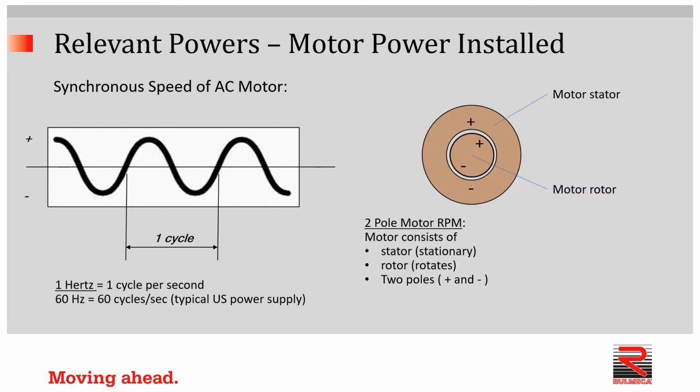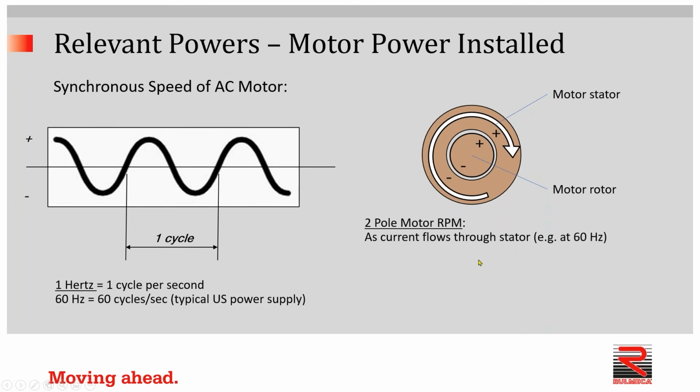Let's look at the components of a typical three-phase AC squirrel cage induction motor. We have the stator, as you can see here, and we have the motor rotor, as you can see here. This is an example of a 2-pole motor in which we have positive and negative poles indicated in the stator and the positive and negative poles indicated in the rotor to make the explanation more simple.